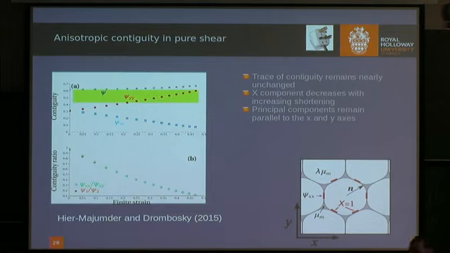This is very similar to what Martha noticed. As a result, the XX component of contiguity is decreasing, whereas the other boundaries are getting drier and the YY component is increasing. This is very similar to the observations that were done before, except that in those cases the measurements were done in the melt pockets, and Martha was measuring the aspect ratio.